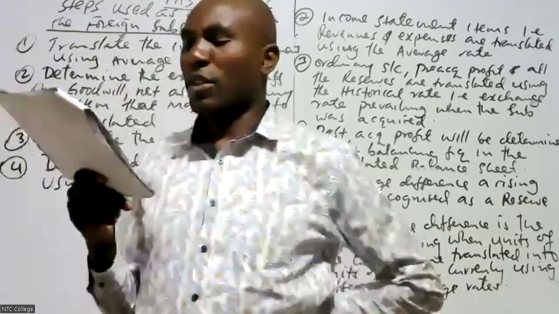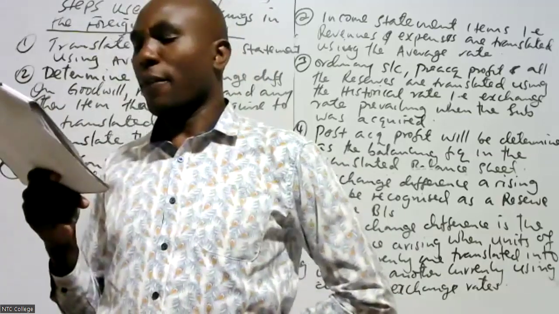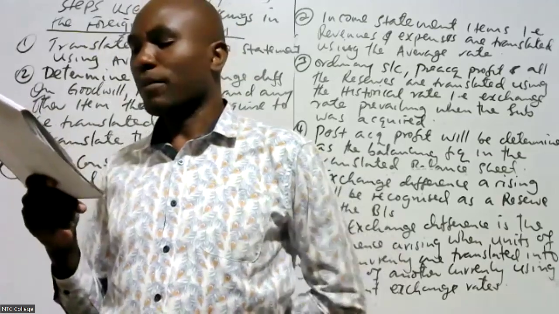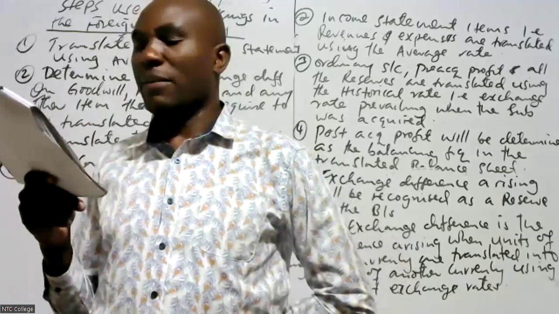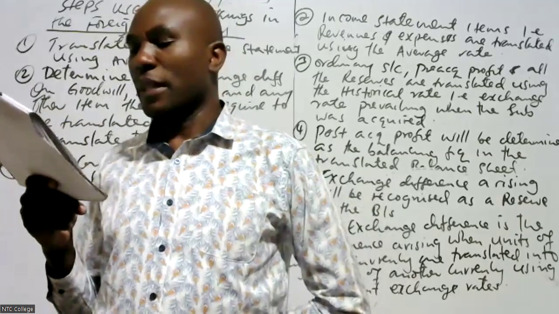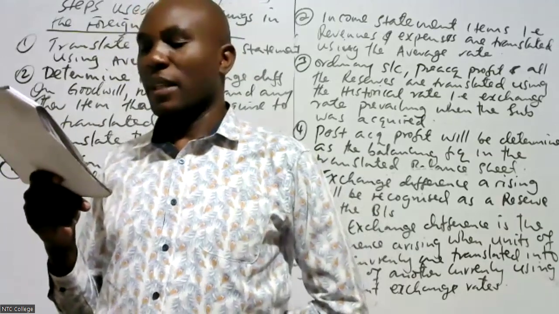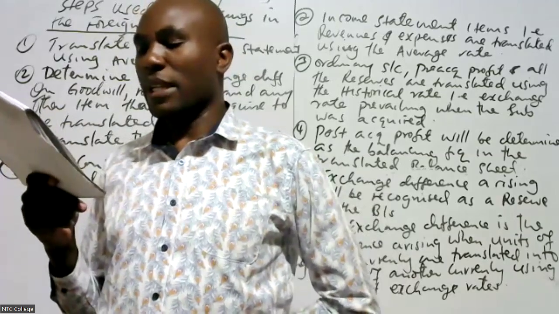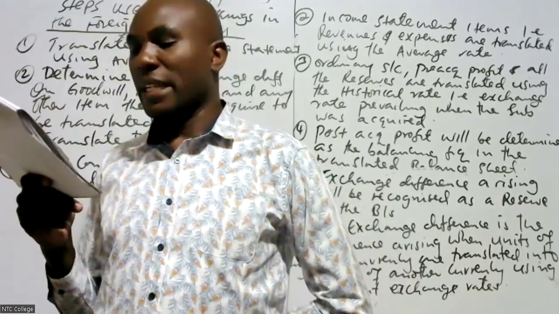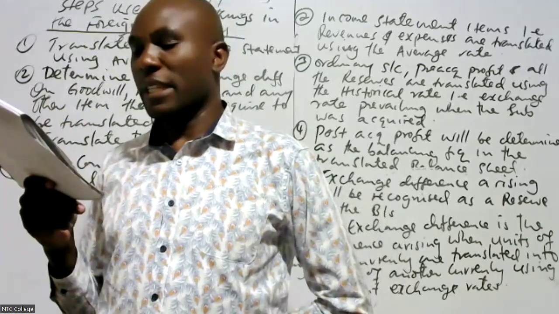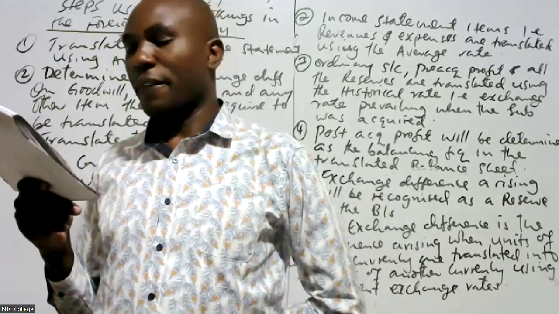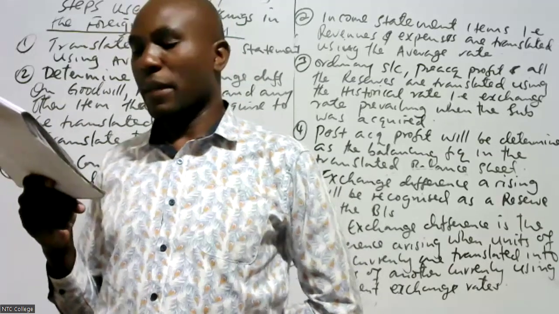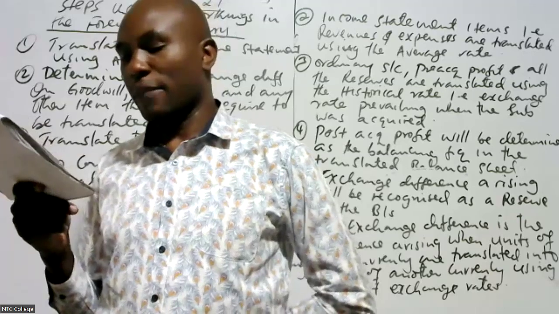We have the statement of profit or loss for the year ended 31st December 2021, where we have the revenue of B and S, cost of sales, gross profit, distribution costs, administrative expenses, operating profit, investment income, finance cost, profit before tax, income tax expense, profit for the period.